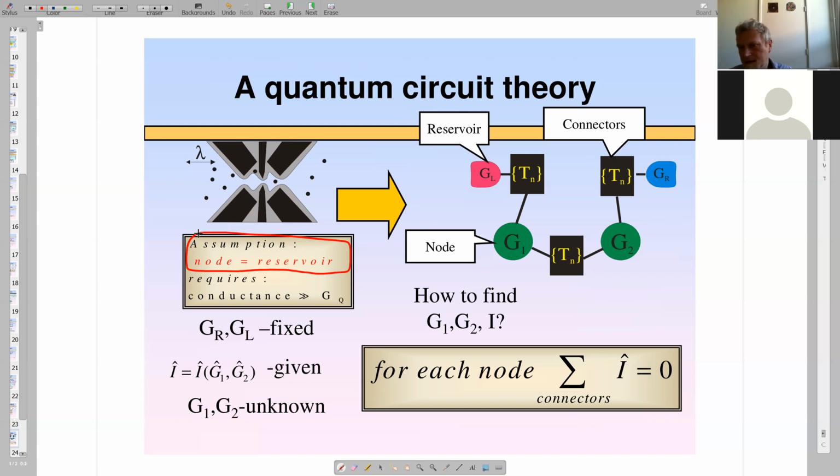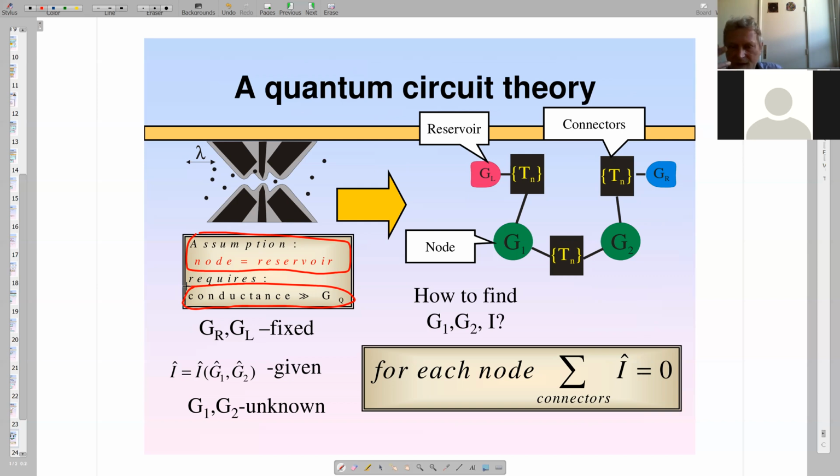This assumption works if there are sufficiently many conductance channels, if the conductance is high. But I have already mentioned this.